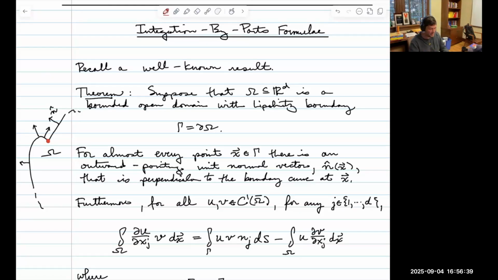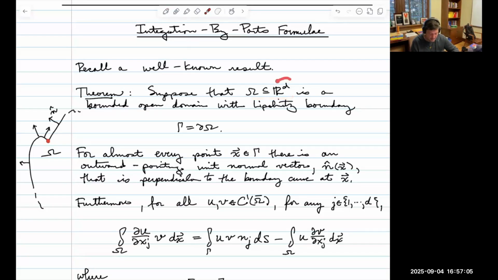Now, if this was what we call a C1 boundary or a C2 boundary, then definitely no problem ever of finding a unique outward pointing unit normal at a point on the boundary curve. Actually, I should say I need to probably rethink this term here, curve, because we could be in higher dimensions, right?